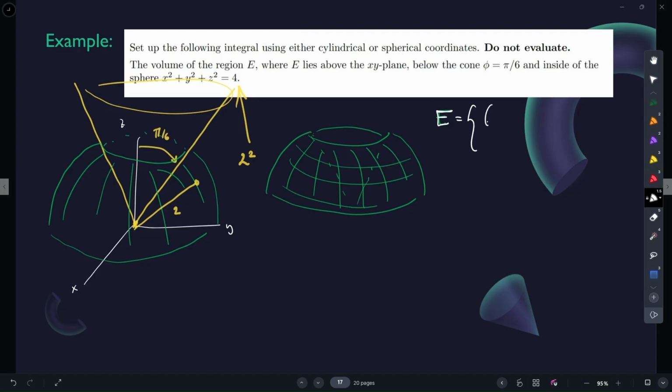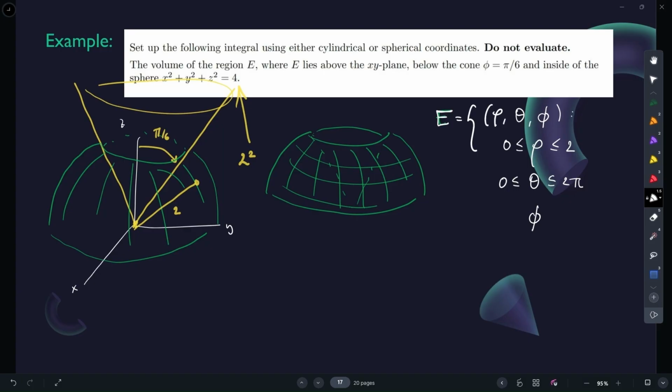So in spherical coordinates, these will be rho, theta, phi, such that rho can go anywhere between 0 and 2 within the sphere. Theta, you can see that there is no restriction around the z-axis. There is no restriction to what angles I can be in the xy plane. The angles are all of them from 0 to 2 pi.